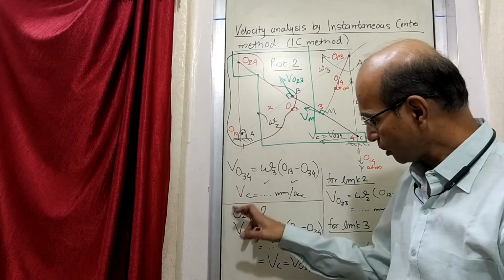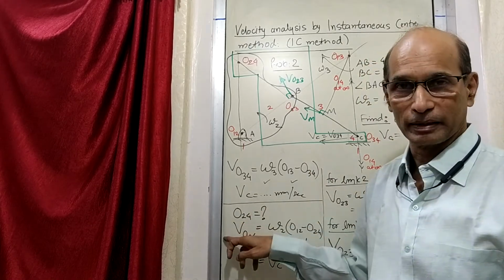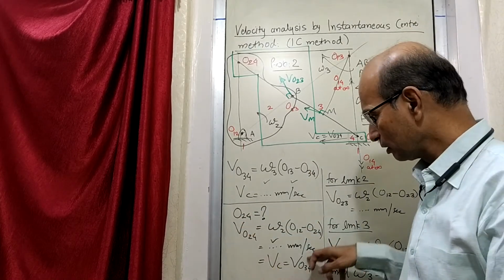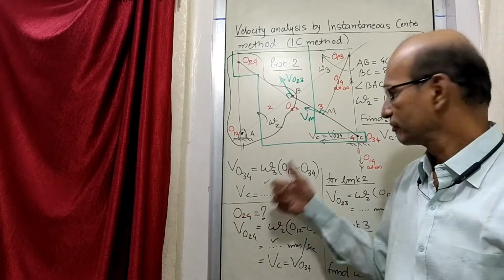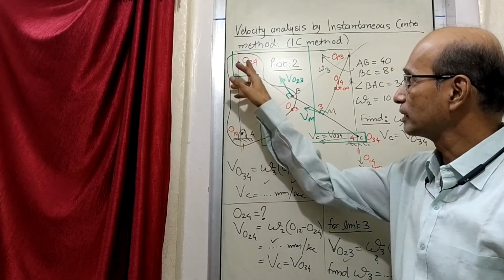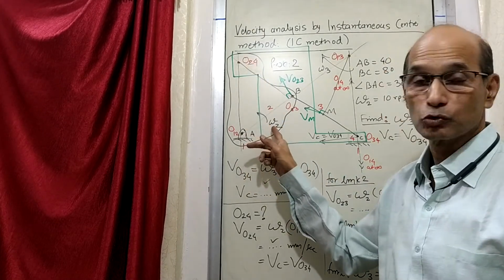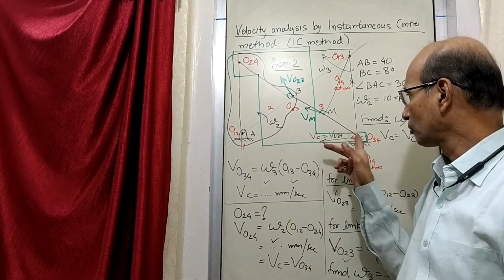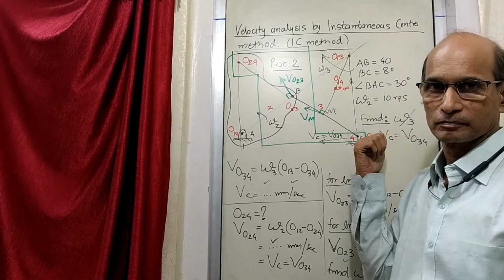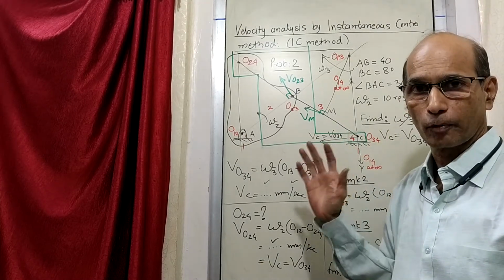After that, we solved the same problem by the direct method. So directly we got the answer for the slider velocity by considering point 24, which is obtained from link number 2, whose angular velocity is given, and link number 4, which is a slider. So just try to understand very well, give proper attention.